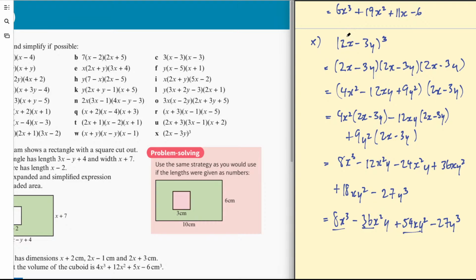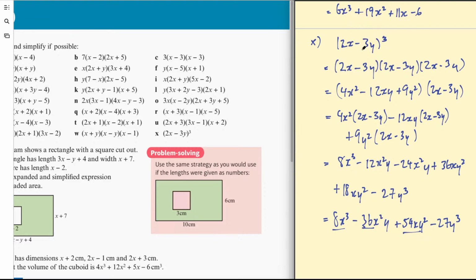It's this term squared multiplied by something.